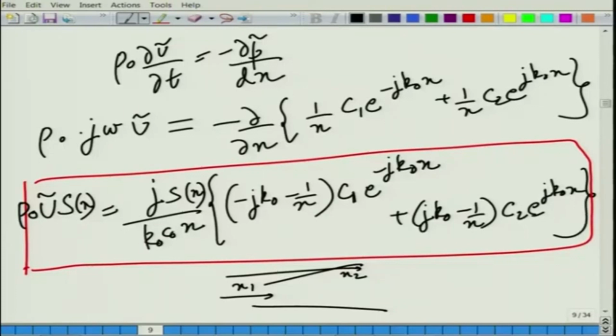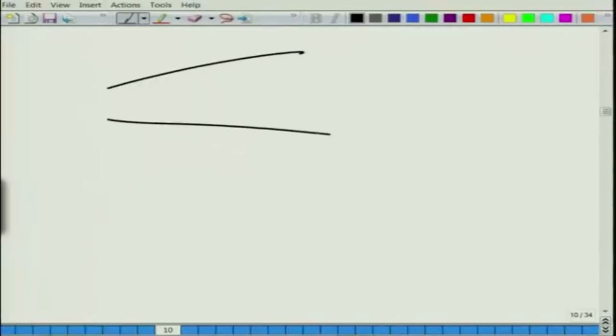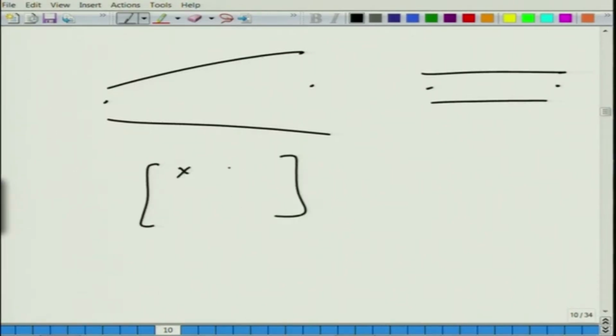To do so, we will probably take up the transfer matrix derivation in the next class, lecture 4, and after that for a generalized element. Our objective will be to get the transfer matrix for a conical duct from this point to this point exactly like we got for a uniform duct. So, we will get the transfer matrix in this form where we will get the 4 pole parameters between point 2 and 1.